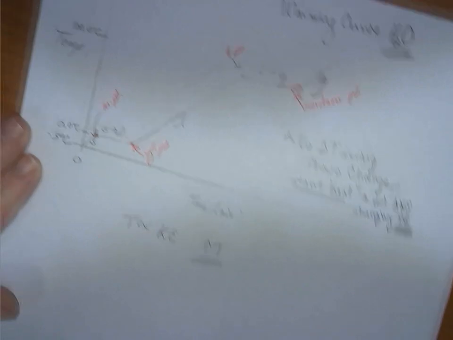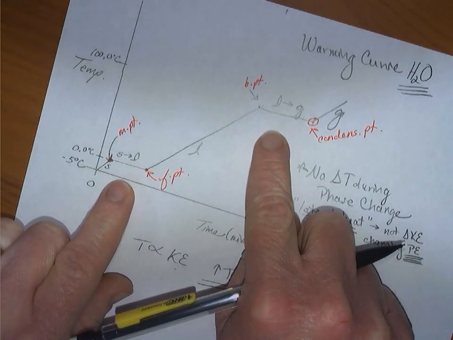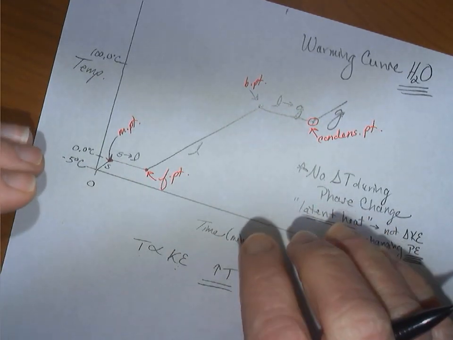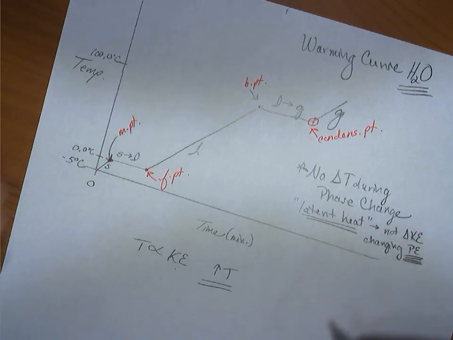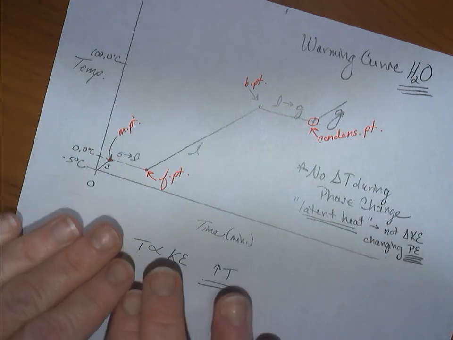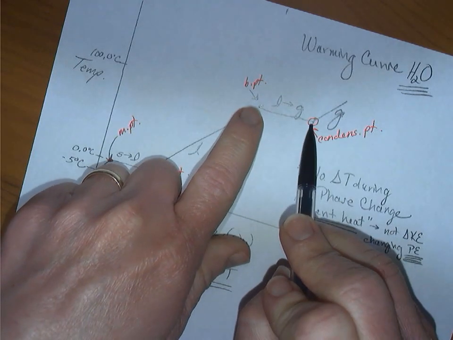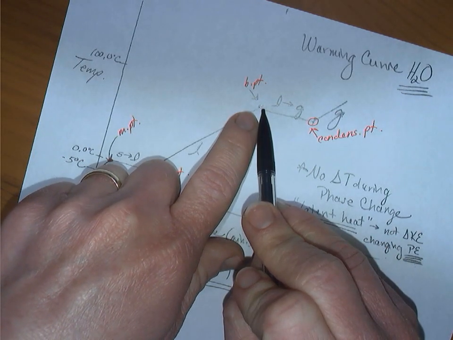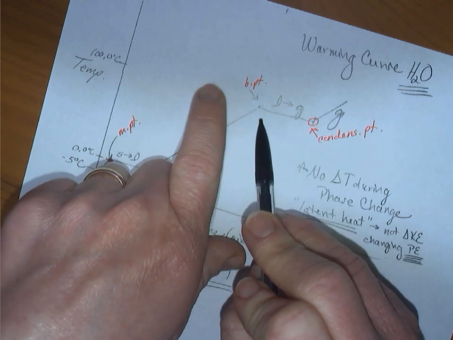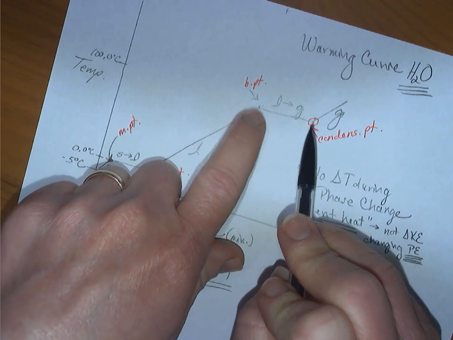Temperature does not change during a phase change. The heat is going to change the potential energy to be able to accomplish the phase change. And we just have to know which is the endothermic and which is the exothermic direction to be able to predict what phase change is going on at that temperature.